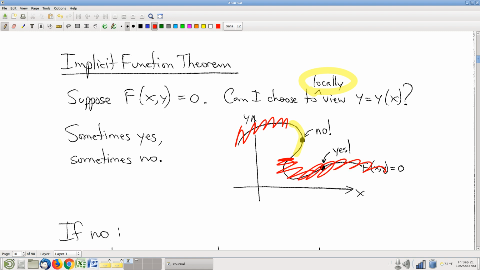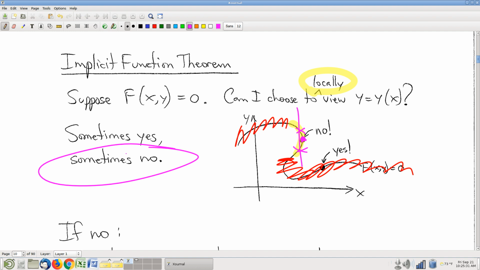Just looking at that little piece of curve, can I view this as being a graph of something? And the answer is no. This particular point that I've chosen very strategically, no matter how much of the rest of this curve I throw away, it's always going to fail the vertical line test. So the answer to this question is sometimes no.